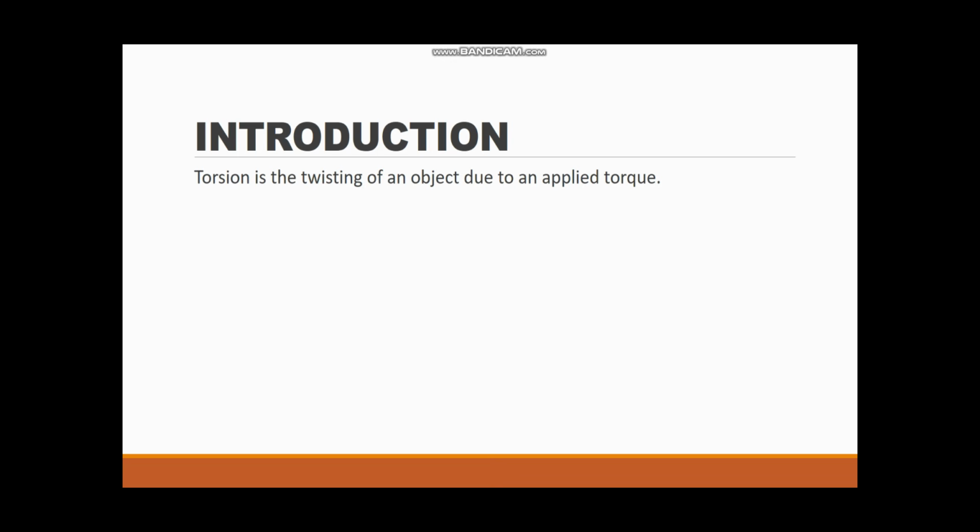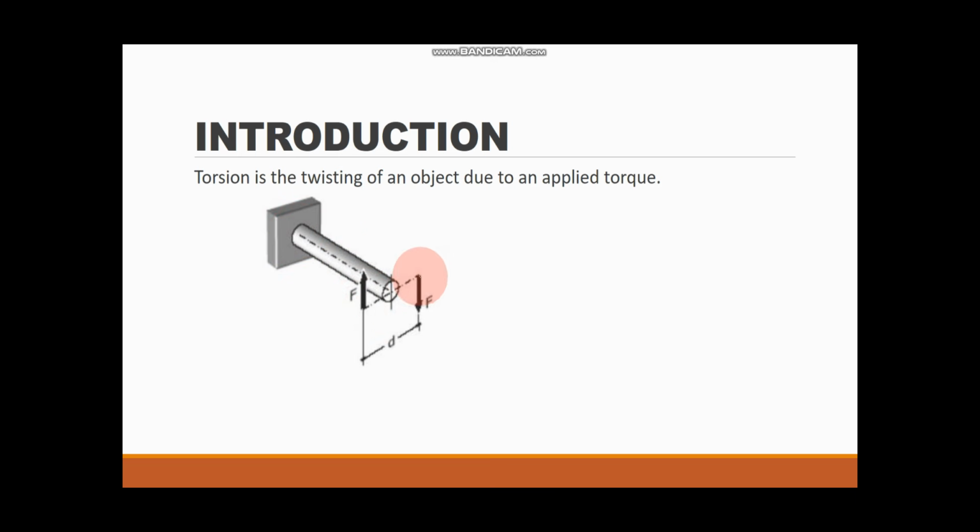And to be able to understand what torsion or torque is all about, let us consider a bar that is rigidly attached at one end. If there is no force applied on the rod, it stays the same.